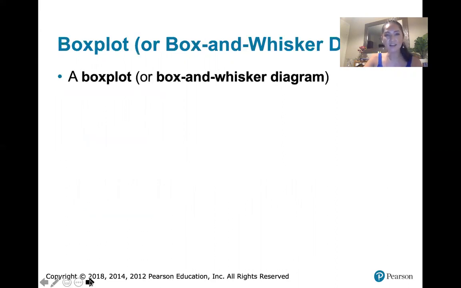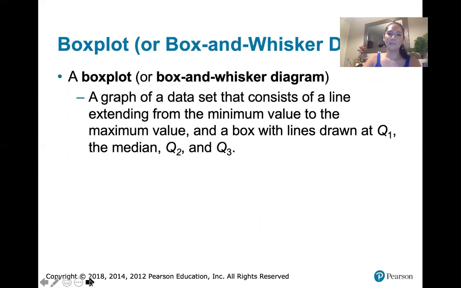A box plot, otherwise known as a box-and-whisker diagram, is a graph of that 5-number summary. Basically, it consists of a line extending from the minimum value on our list to the maximum value on our list. And then it has a box with lines drawn at the 25th percentile or Q1, the 50th percentile or Q2, and that 75th percentile or Q3.